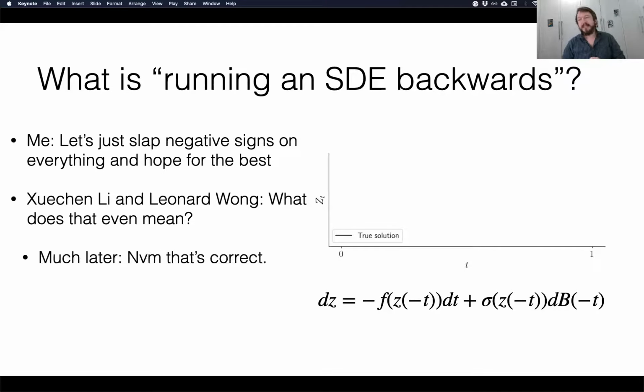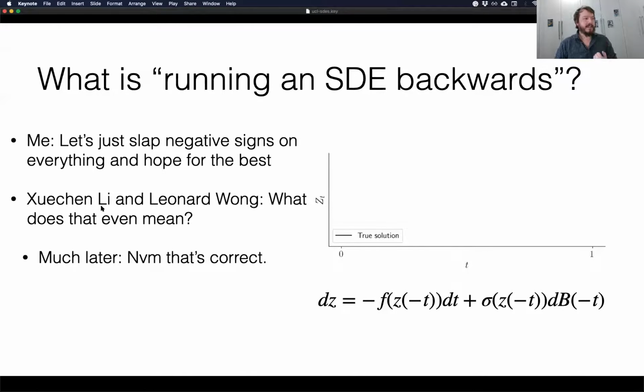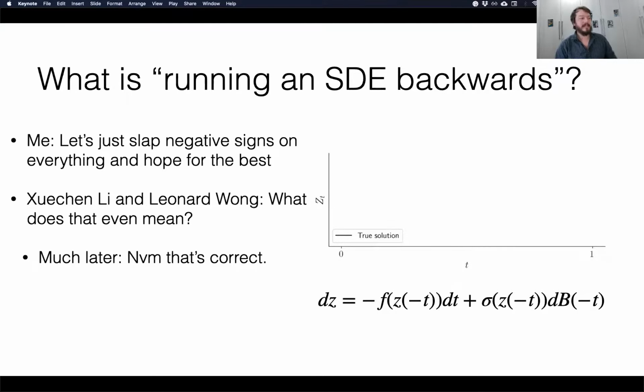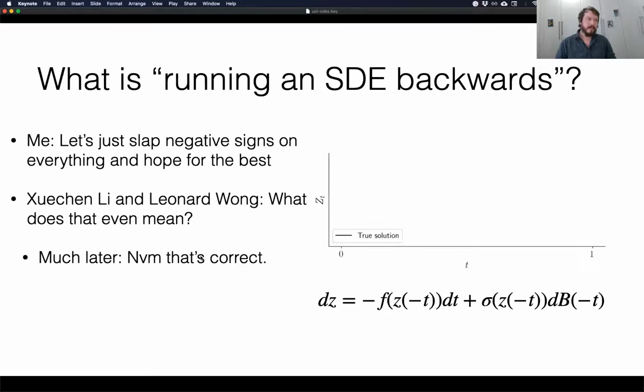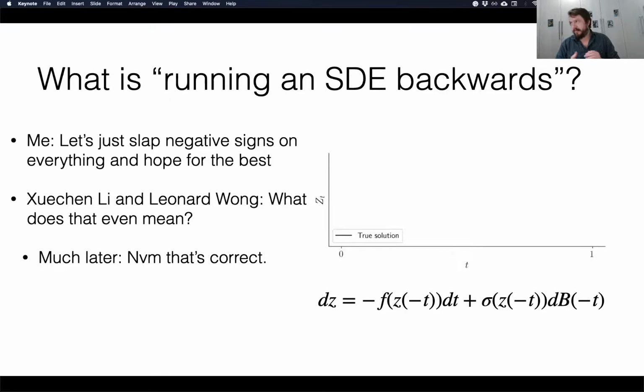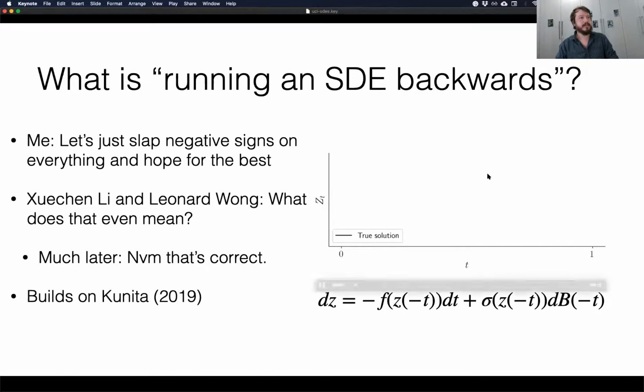And then I was like, it works, right? The algorithm works. And they, with very little help from me, had a strong enough background in probability theory that they could actually prove that this is correct, and that there exists another SDE that you can run backwards in time that reconstructs the strong solution.